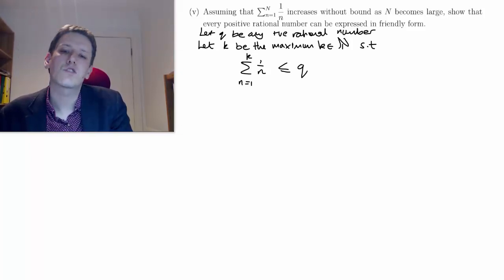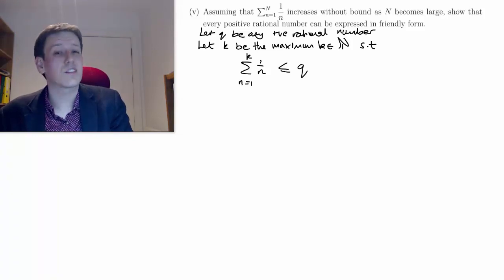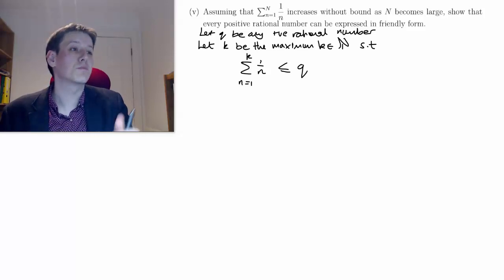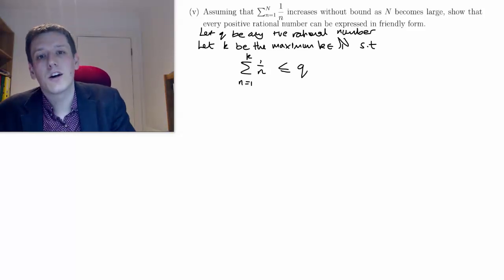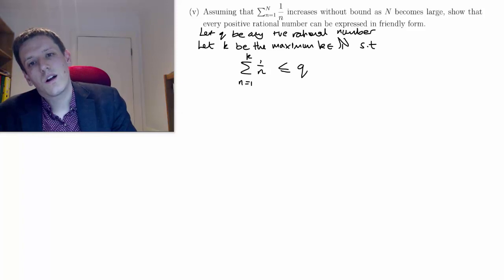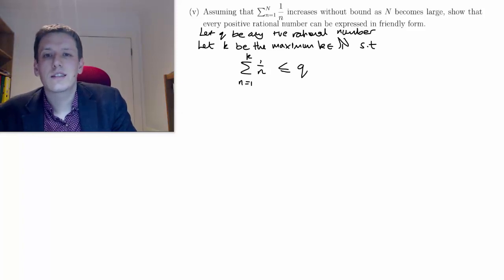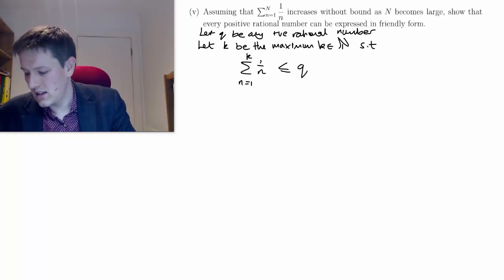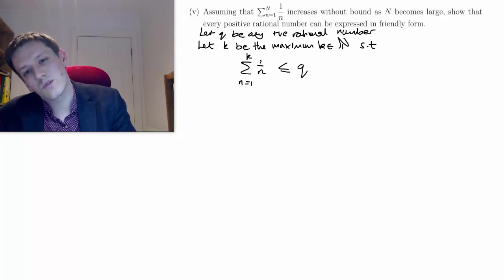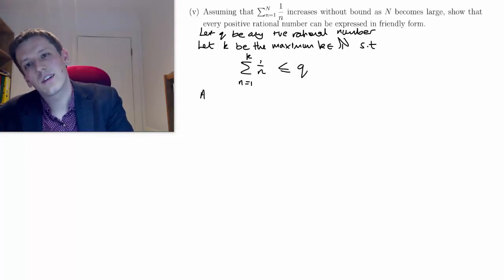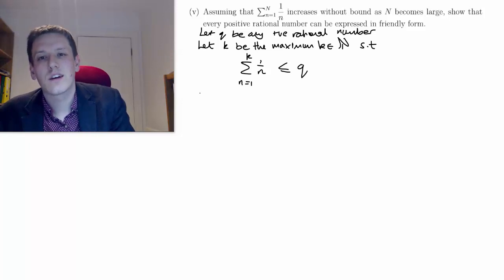Okay, so what I get here is that sequence that, if it gets to q exactly, that's great. I might just manage it by chance. If I did 3 over 2, it would just be 1 plus a half and I'm done. So if it's equal to q, then we're done.